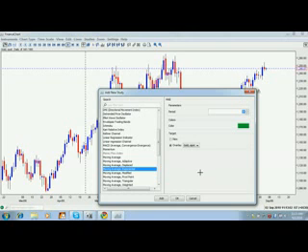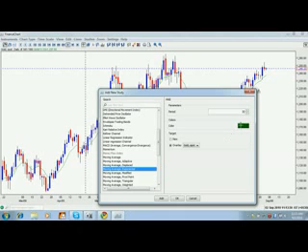Let us say add. If you observe on the price chart, the green line has been superimposed on the candlestick charts, and that is called the moving average, that is 10 days moving average. Now let us also put in one more moving average. Let us say, for simplicity, a 20 days moving average.